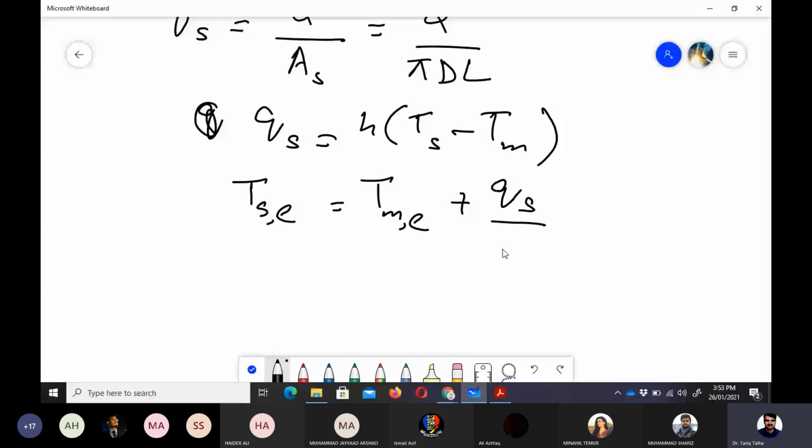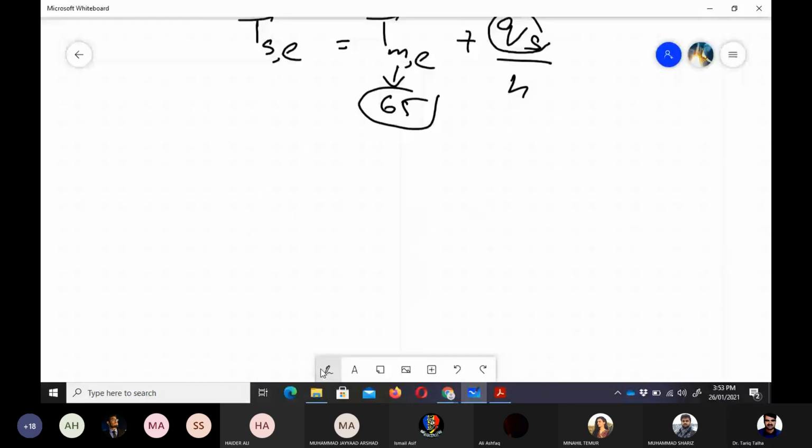Now Qs we have calculated from here. The h value we need to determine from the Nusselt number correlation. So Tm,e we know is 65. Because the heat is coming in, Qs would be a positive value and h would be a positive value, so Ts,e would be greater than 65. How much, we need to determine from h. So for the h calculation, we need the Nusselt number correlation.